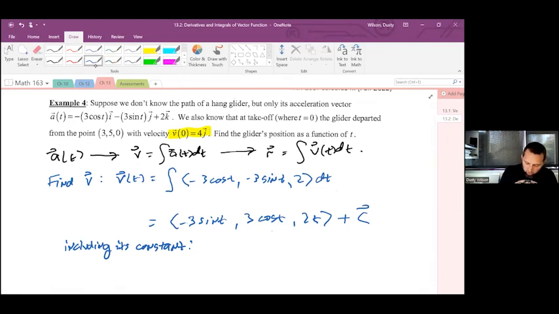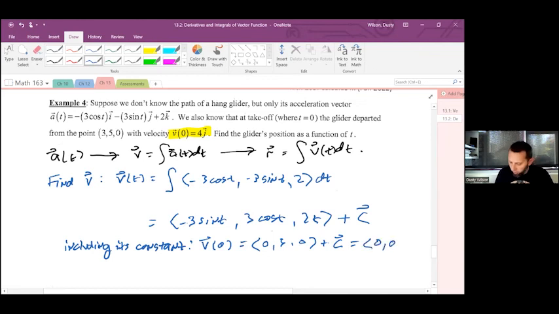And so we know that v of 0, which according to the formula above will be negative 3 times the sine of 0, or 0, comma 3 cosine of 0, which would be 3, and 2t evaluated at 0, which would be 0, plus c equals 4j, which would be 0, 4, 0.